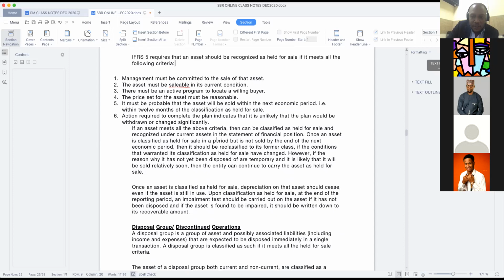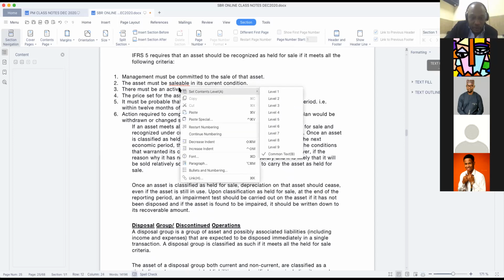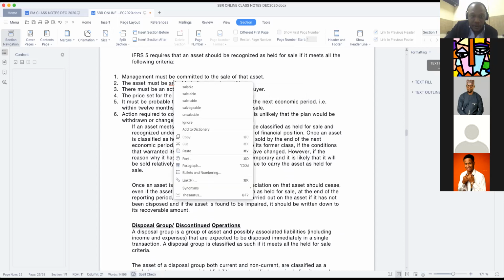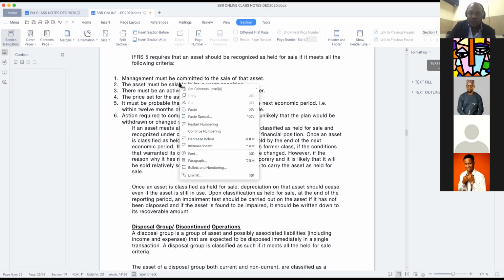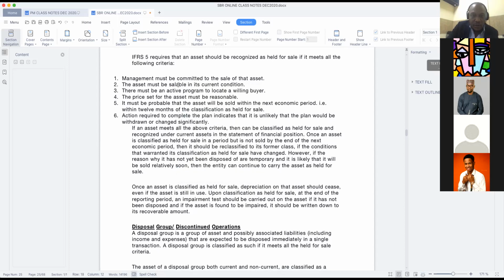Management must be committed to the sale of the asset.